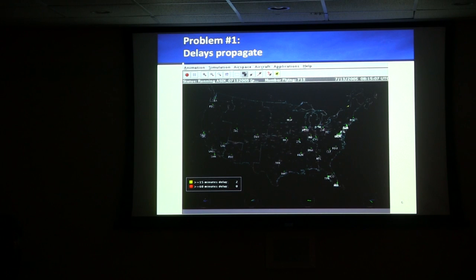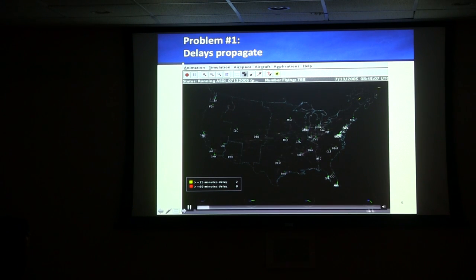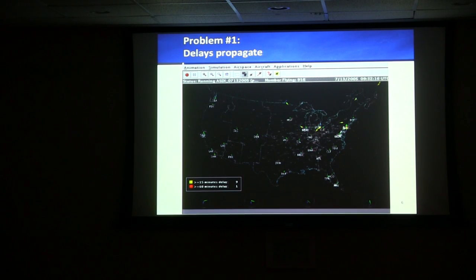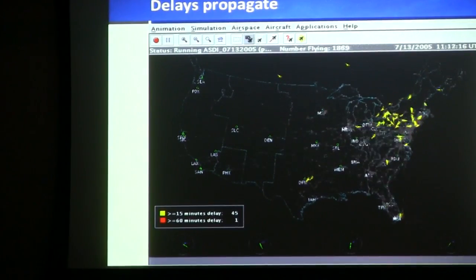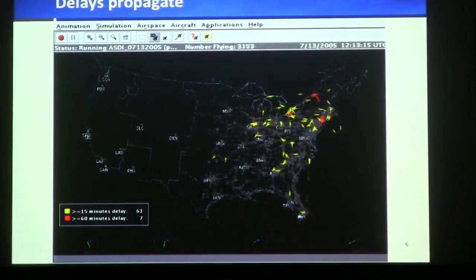Hopefully, in a few seconds, you're going to see aircraft turn yellow. You can see the yellow is clearer. So when aircraft turn yellow, it means that they have more than 15 minutes of delay. And when they turn red, it means that they have more than an hour of delay. So initially, as the day starts, you see that the yellow aircraft and the red aircraft are pretty much around the Chicago area, which is where the weather is.